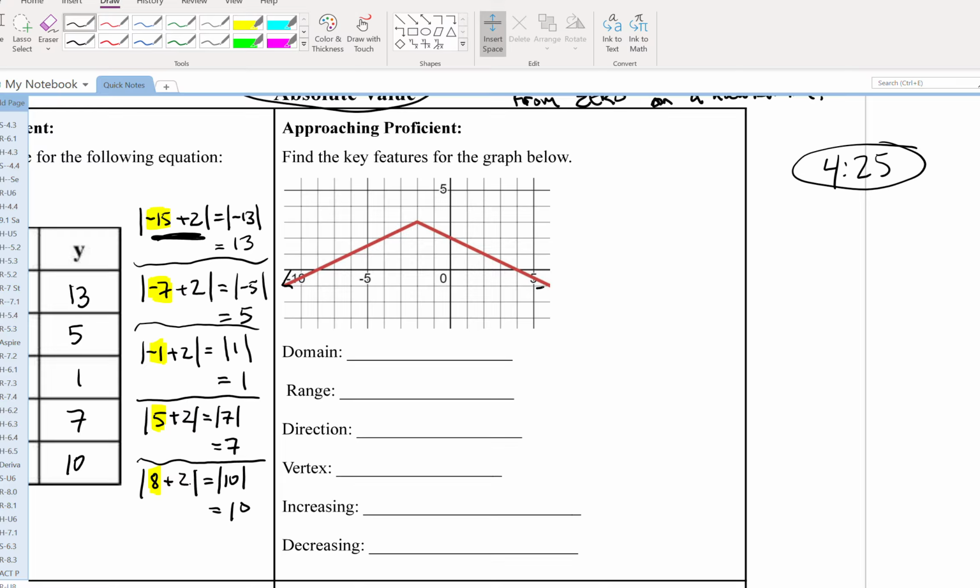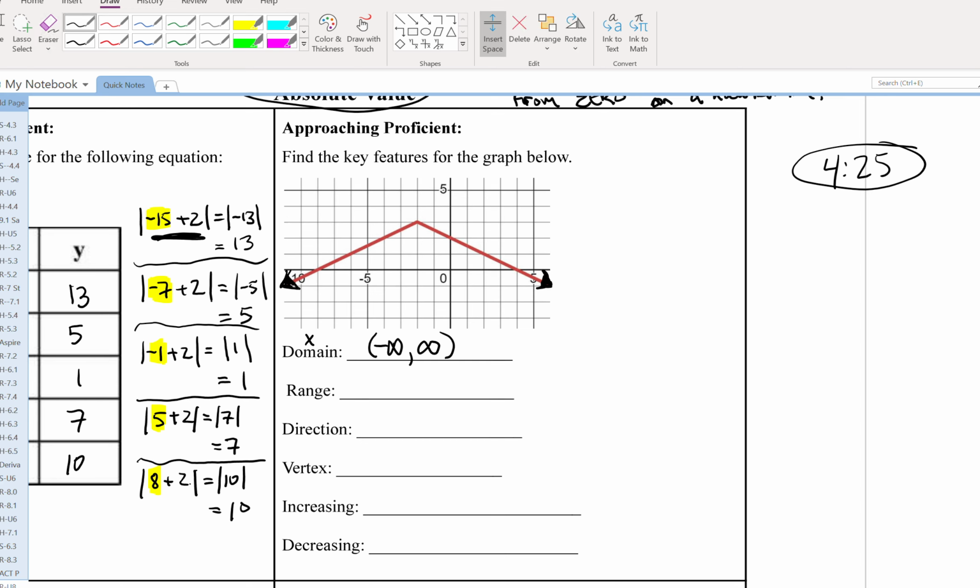If it goes all the way to the edge of the graph, we're going to assume that it continues, so we'll put little arrows there to remind us this does continue. That means it continues off to the left all the way to negative infinity. Domain are the x values. On the right, it goes towards positive infinity. On the left, towards negative infinity. So it's negative infinity to positive infinity, everything in between. It's all real numbers.